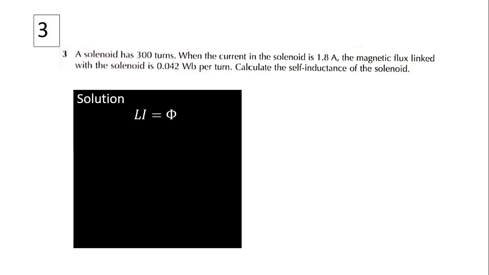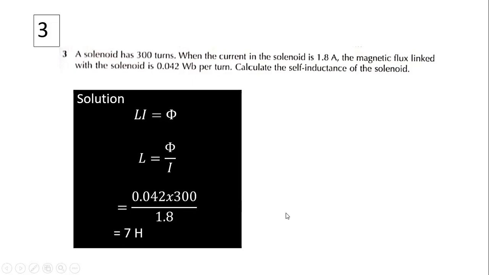LI equals the flux linkage, so L is flux linkage over I. Your I is 1.8, and you are told there are 300 turns, and this is weber per turn. 0.042 times 300. Okay, 7 henry, very high.